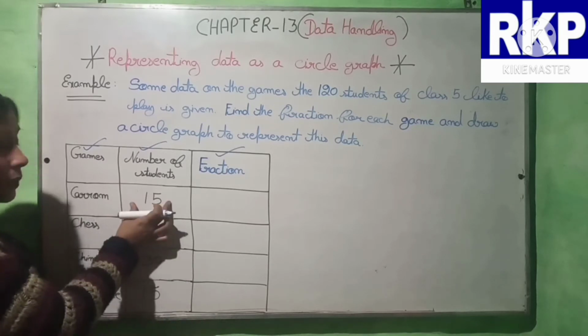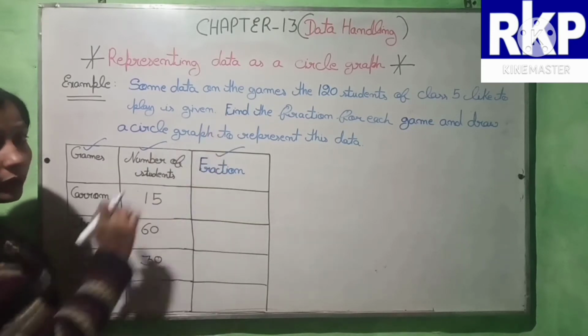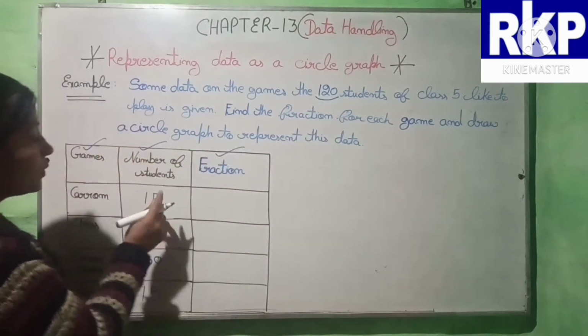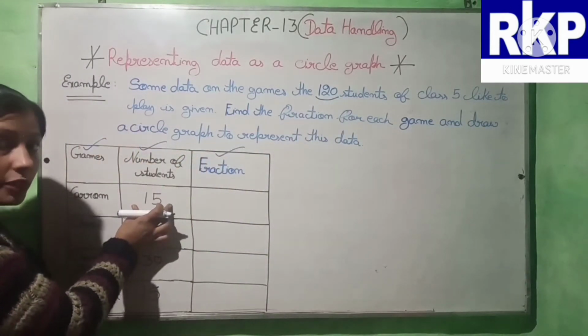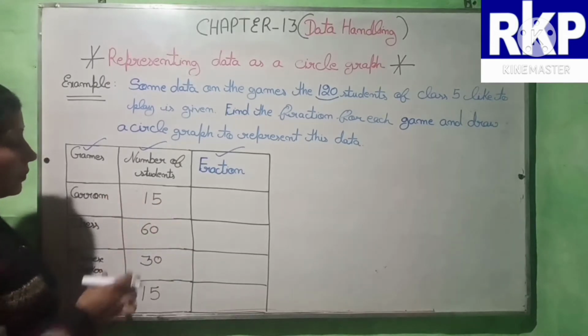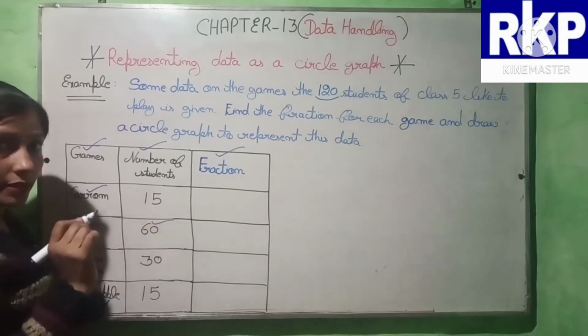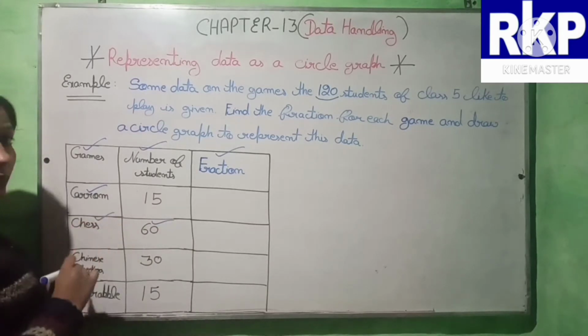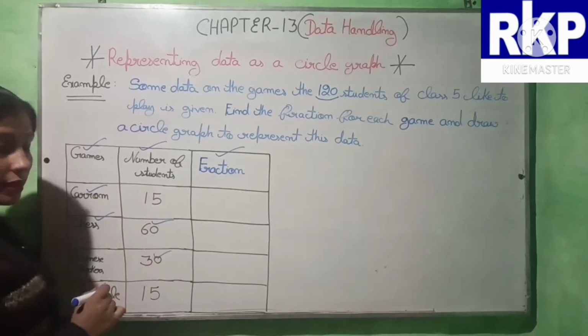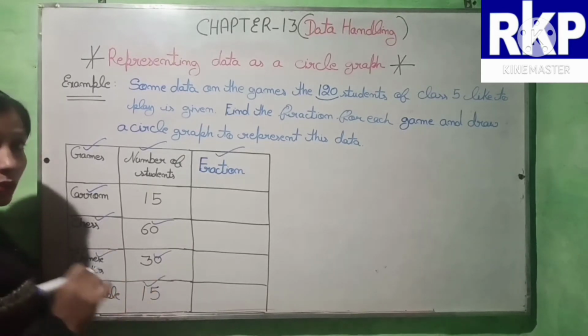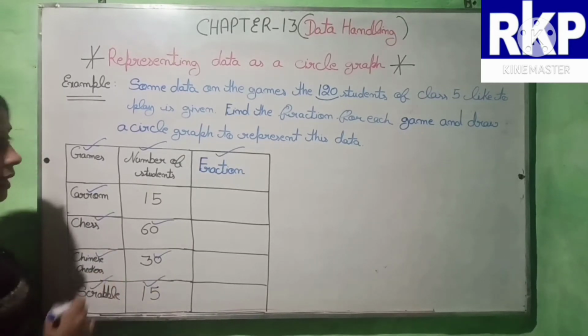Total students are 120. So here it is written 15. It means 15 students like to play carom, 60 students like to play chess, 30 students like to play Chinese checkers, and 15 students like to play Scrabble.